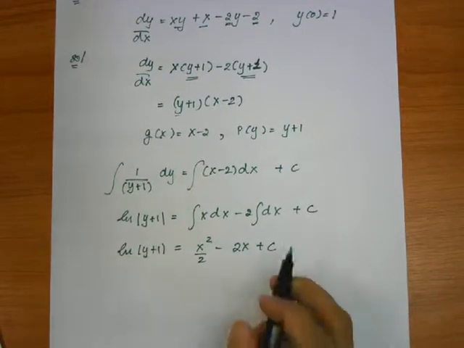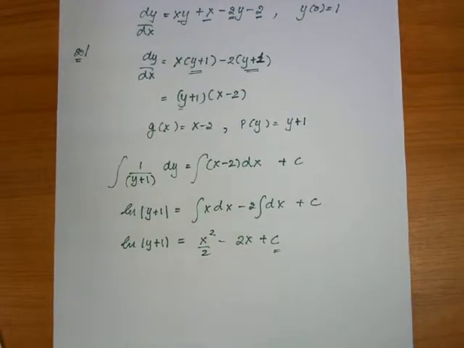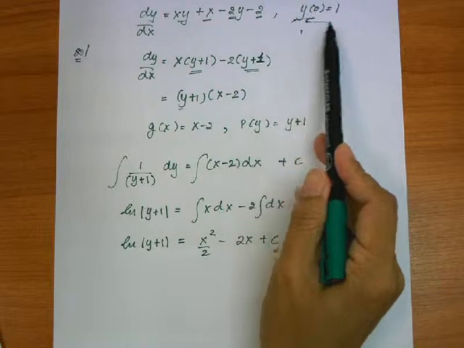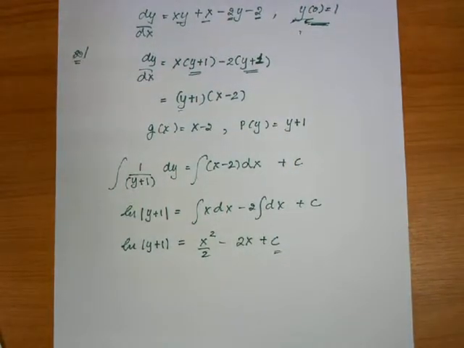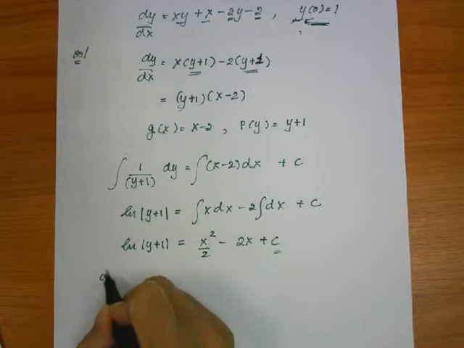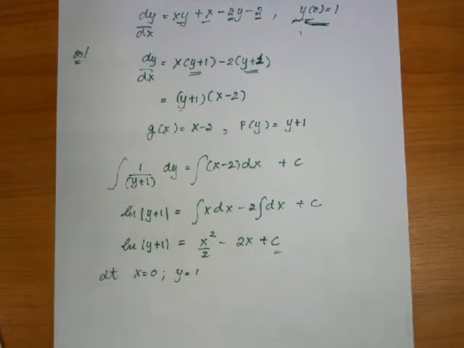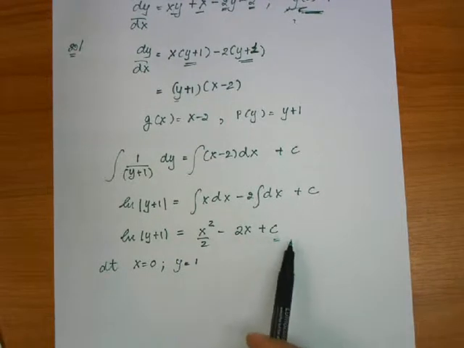But can you just answer like this? No, because the problem statement is asking you to find a solution which satisfies this boundary condition. This boundary condition says that at x equals 0, y is equal to 1. From this boundary, you would be able to find the c number.